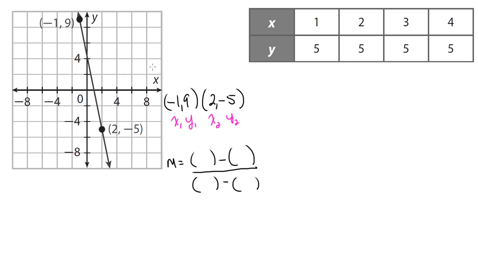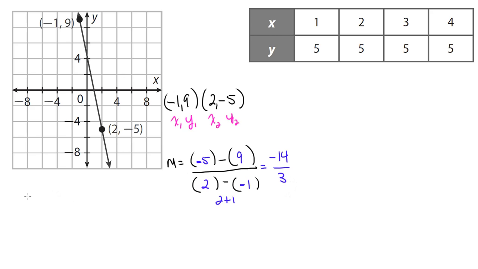So my y2 value is -5 minus my y1 value is 9. My x2 value is 2 and my x1 value is -1. Now -5 minus 9, that is -14, and 2 minus -1, that becomes 2 plus 1, and so that's +3.